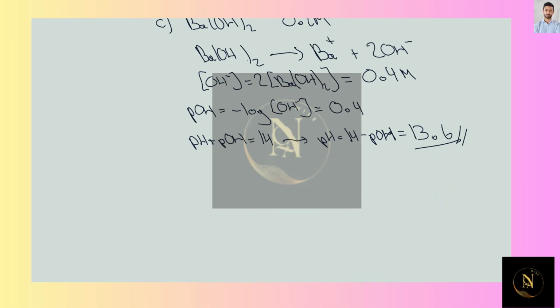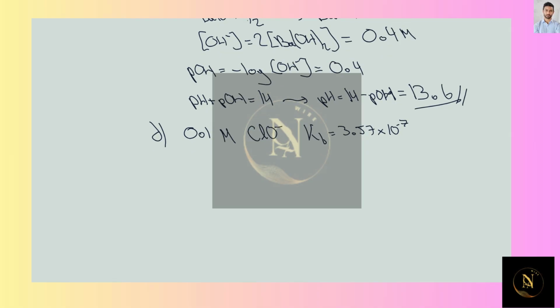And now for the final question, we have a weak base that has a concentration of 0.1 molar. This is ClO minus, and we're given the value for Kb, that is 3.57 times 10 to the minus 7. In this case, you can calculate the concentration of OH minus, and it is going to be equal to the square root of the initial concentration times Kb when the concentration is much larger than Kb.